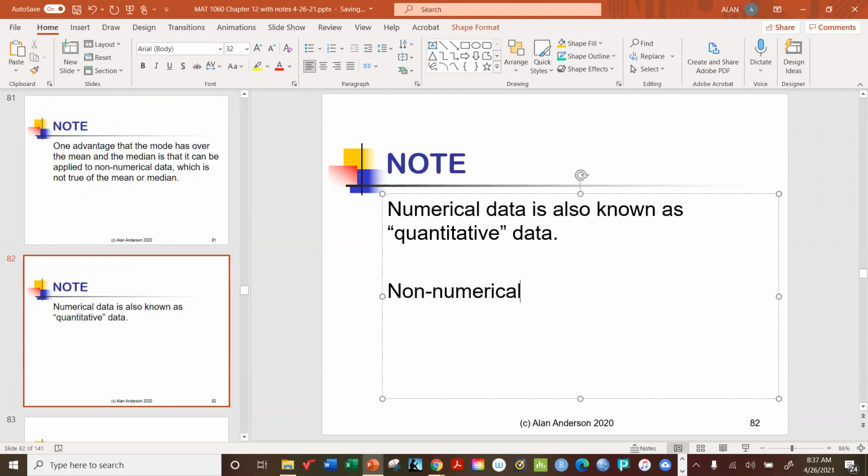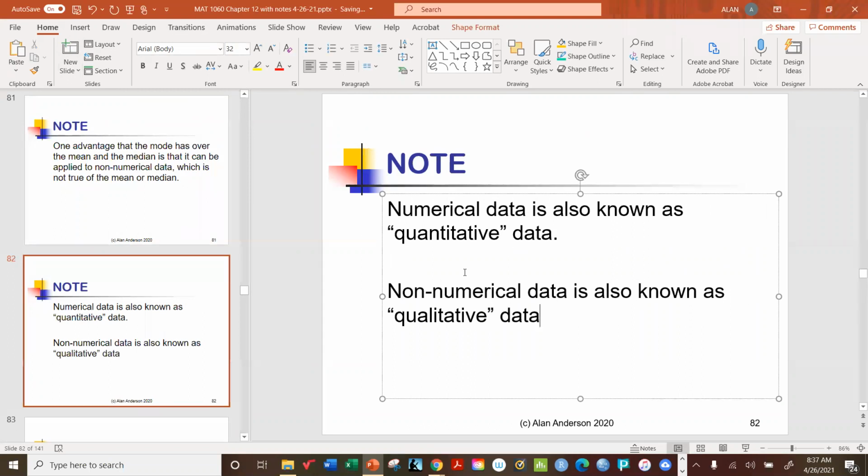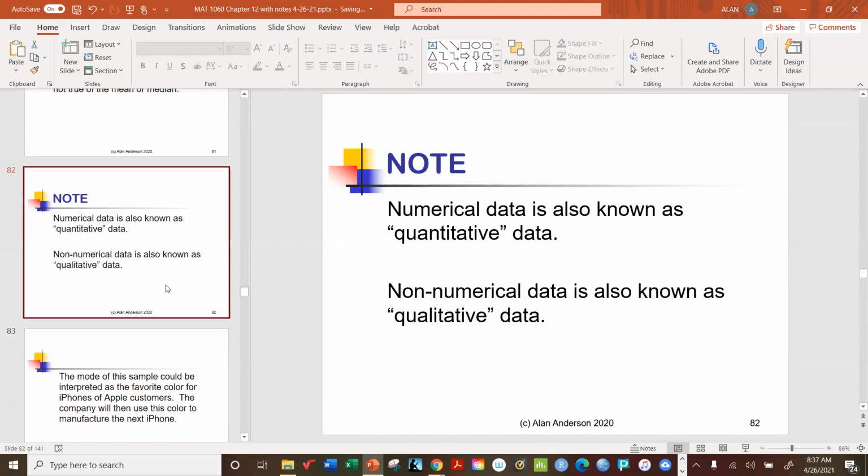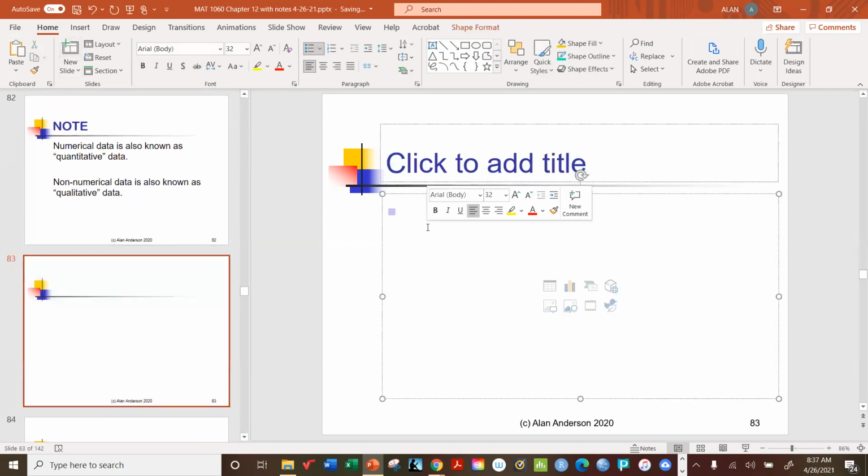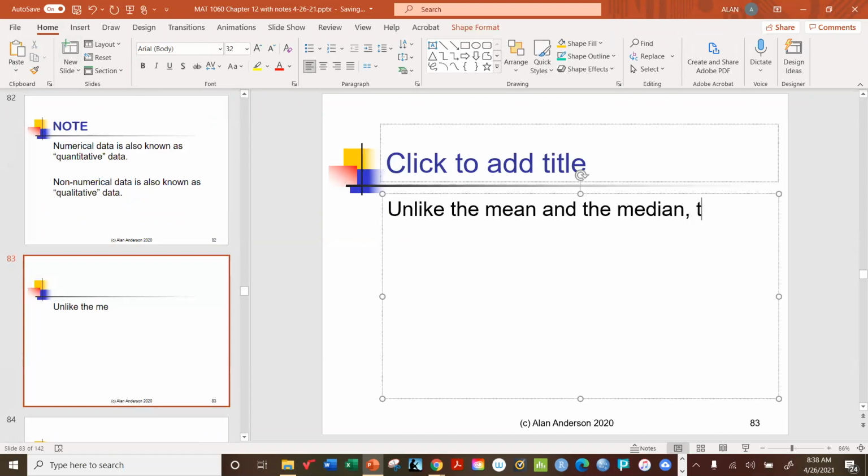Non-numerical data is also known as qualitative data. So when you hear those words, quantitative simply means numerical, qualitative is non-numerical. And so we've noted that the mode, and I'll put that in here as well, unlike the mean and the median, the mode can be applied to qualitative data.